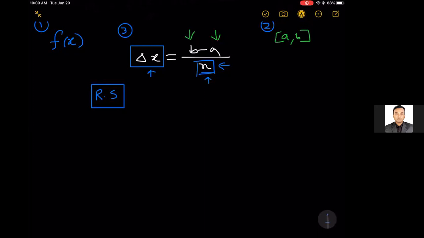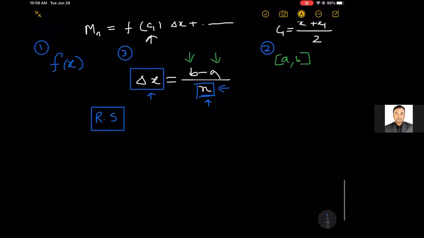I could ask you to find all 3 of these for the same function in the same interval for the same number of subintervals. I'll say, hey, can you find the left Riemann sum, the right Riemann sum, and the midpoint sum for me? And then tell me which one you think gives you the better estimation.